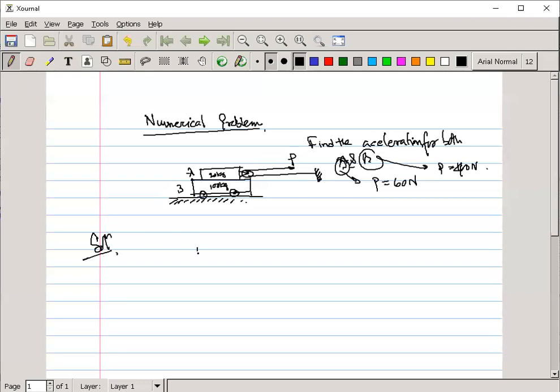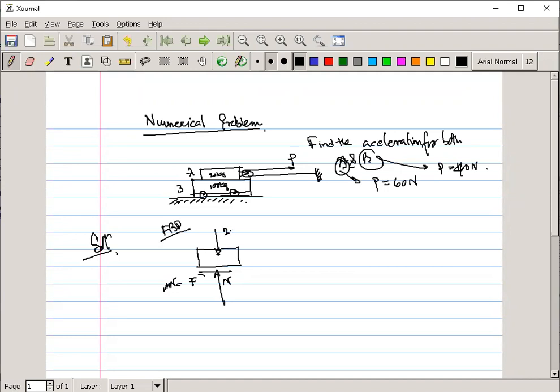The technique to solve this type of problem is first draw the free body diagram. As this is your moving direction, your frictional direction is this one. So we can write F equals mu N. N is perpendicular to the body.